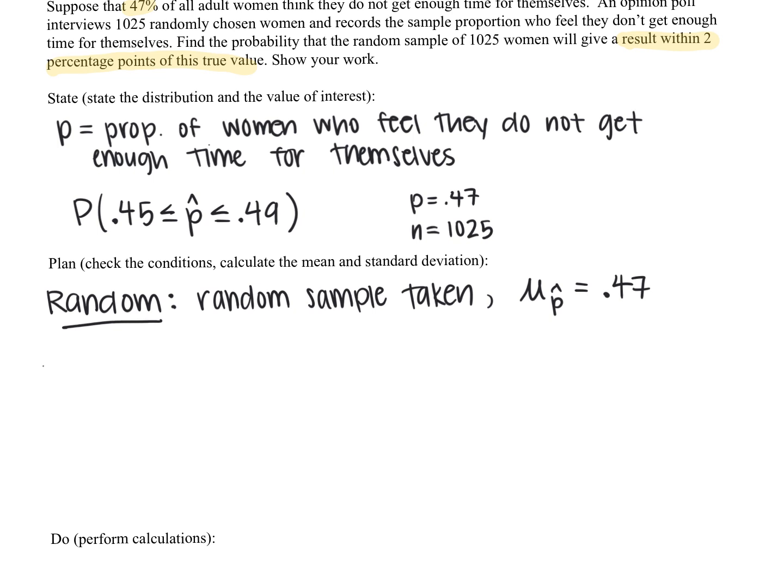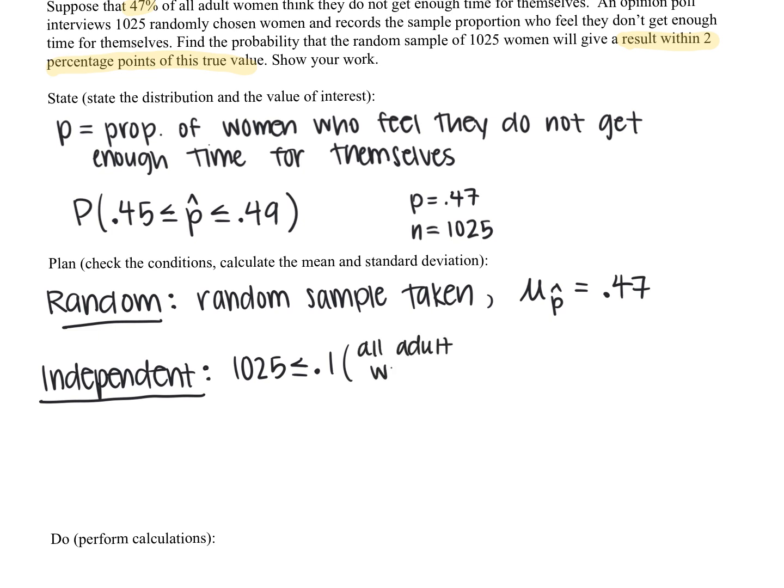The next thing is that it is independent. So we can't just say it's independent because we know that we're drawing without replacement. So that's my 10% condition. 1,025, which is my sample, has to be less than or equal to 10%, and my population here is all adult women. So if I think 10 times 1,025 is 10,250.